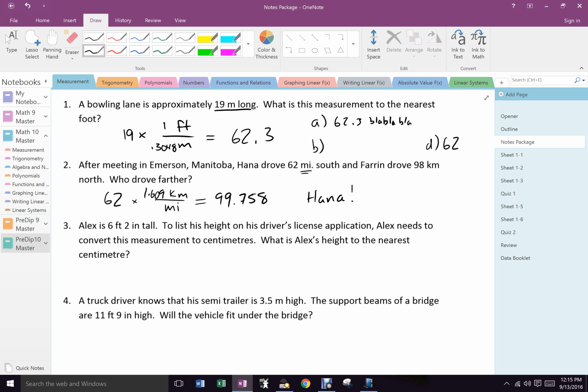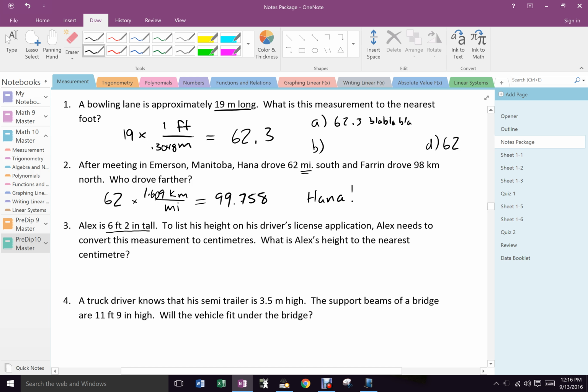I've got to do more than one conversion, don't I? There is a conversion for inches to centimeters, yes? But I don't have inches here. So what do I need to do first? Yeah. So if you have a plan of attack, it's no problem, right? I've got to get feet to inches to centimeters.